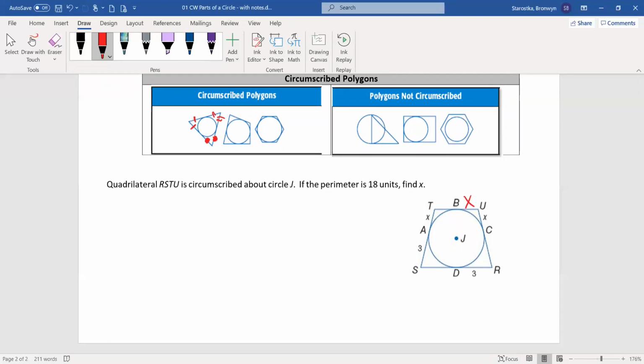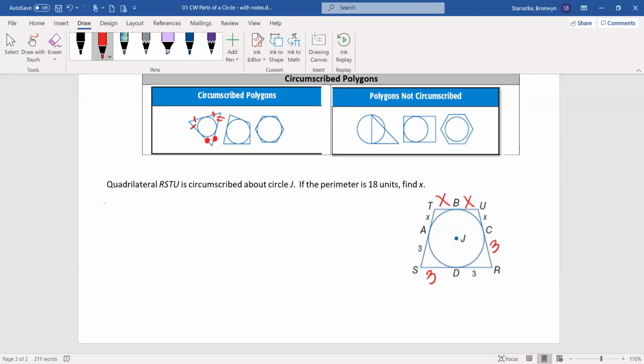Same thing down below. R is the exterior point. The line segments around the circle are tangent, which means RC and RD are congruent. So RC must be 3. SD must be 3. TB must be X. So I look at this and I can write out a whole long number sentence, or I can go, how many X's do I have? Oh, I've got 4.